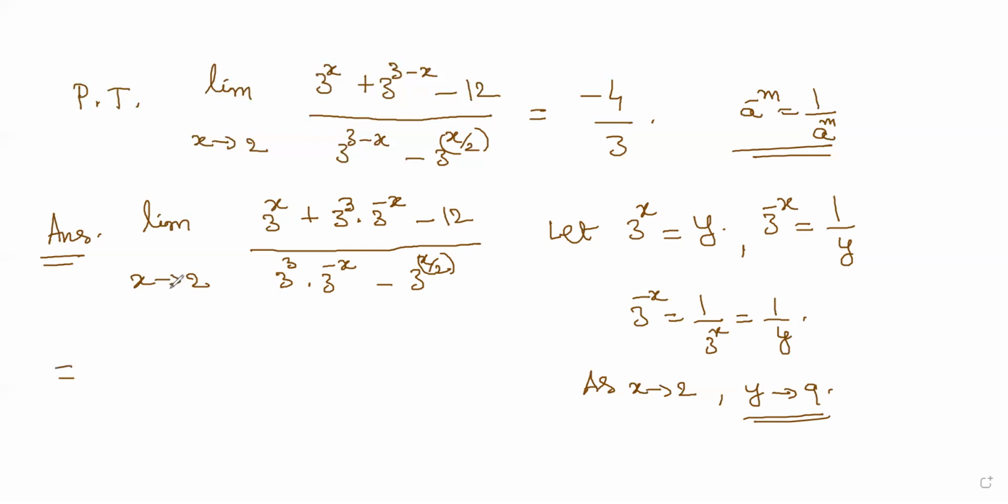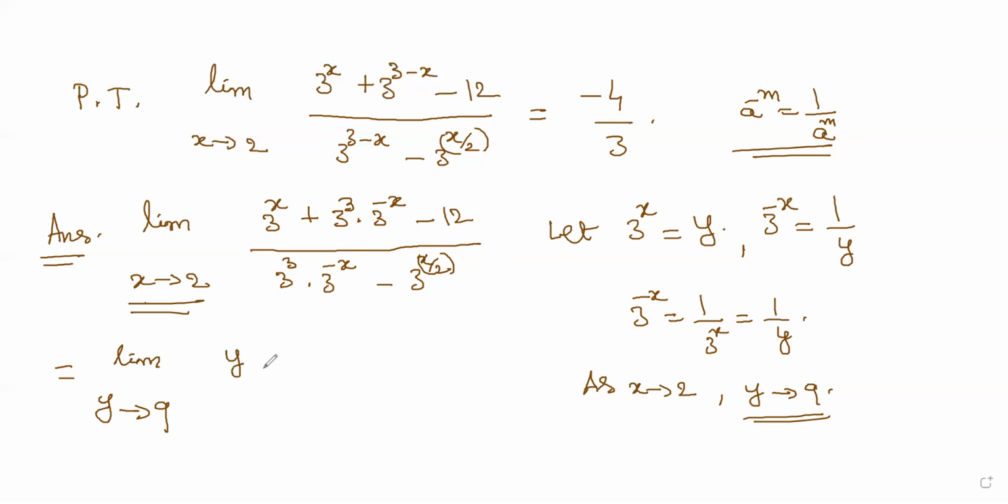Now let's change the domain. That means we will change from the x world to the y world. So the limit changes to y tends to 9 now. All the 3 power x I gave the substitution to y.